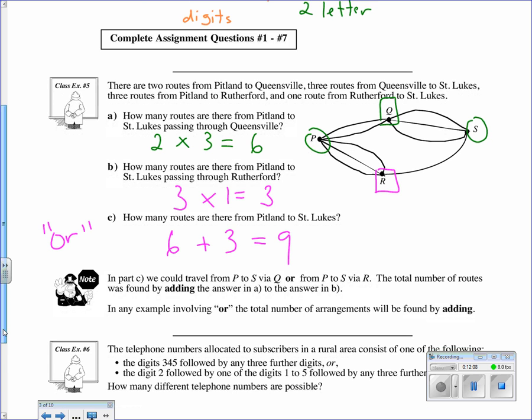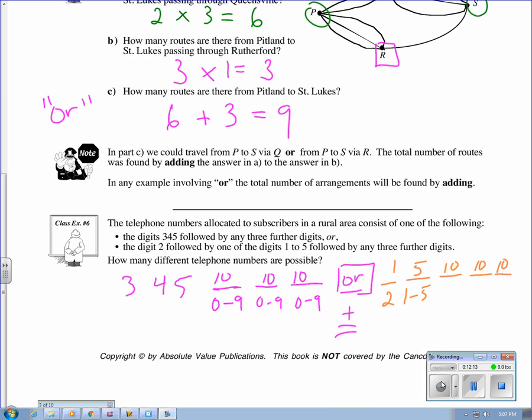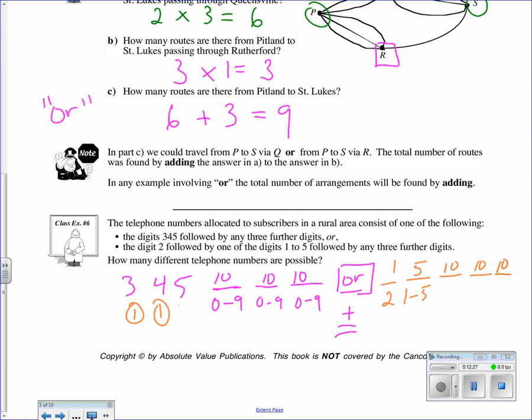Let's take a look at a telephone number one with all kinds of funky restrictions. All right. 2 different scenarios. 3, 4, 5 must be there. And then I've got 10 times 10 times 10. There's only 1 choice for all of these numbers. They must be there. So it's 1 times 1 times 1 times 10 times 10 times 10.